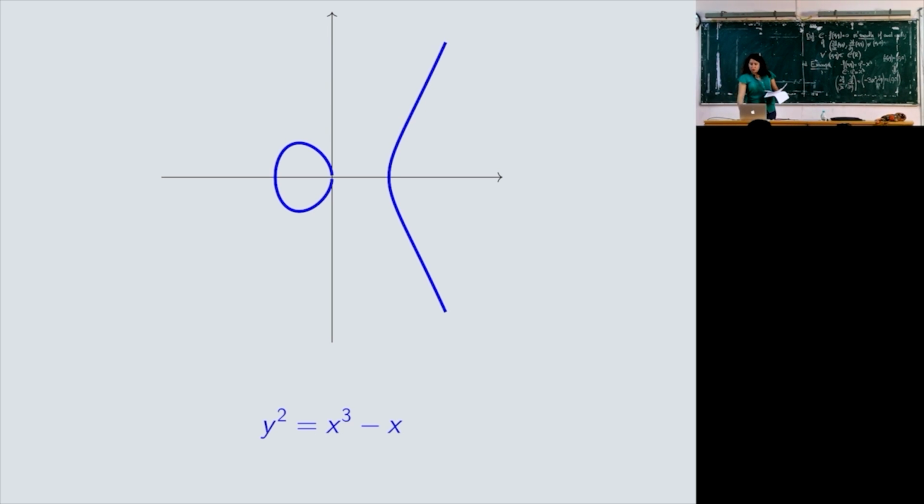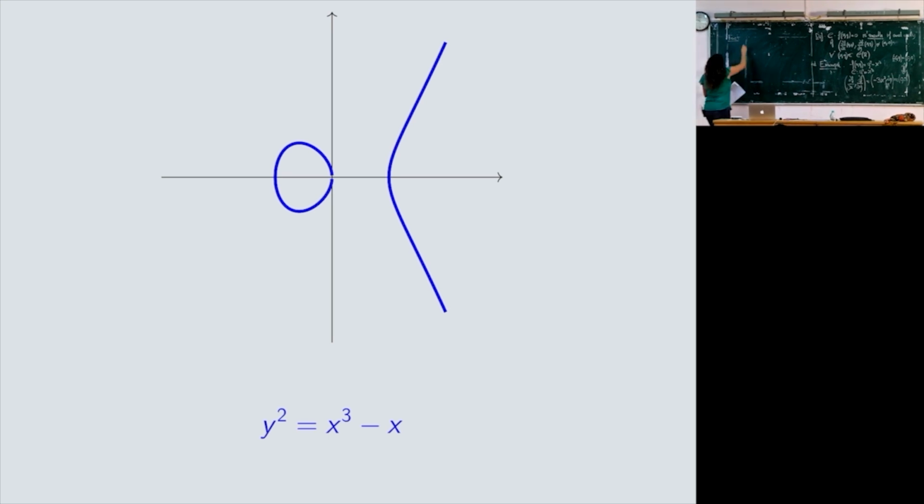Okay, so let's go back to the definition. Okay, here's the definition. So let's try to understand what it means now that our curve has genus 1. So this is a fact. Let us consider a polynomial f of x, y with coefficients in k of degree d.